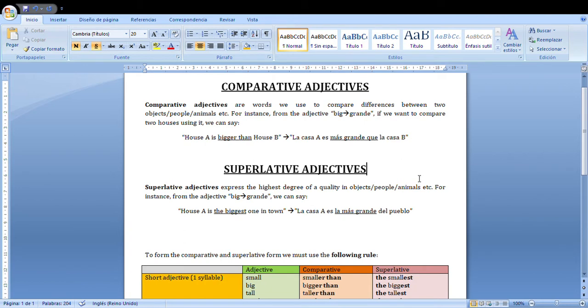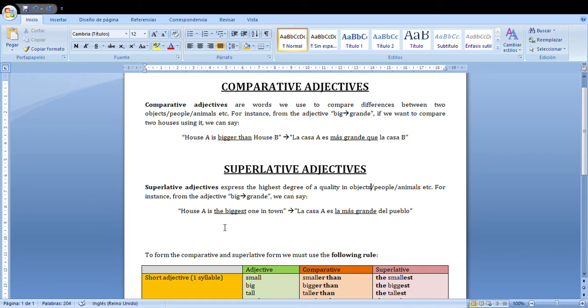But here we are not comparing two things or two people or two animals, but what we're saying is the highest degree of a quality in an object, person, animal, etc. For example, using the same adjective, big, we can say house A is the biggest one in town.